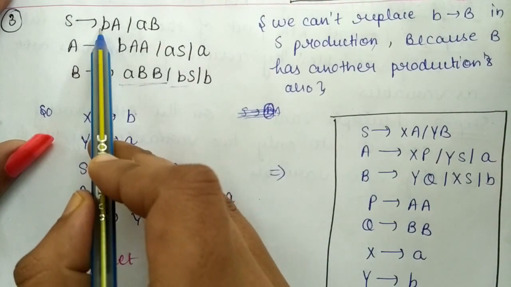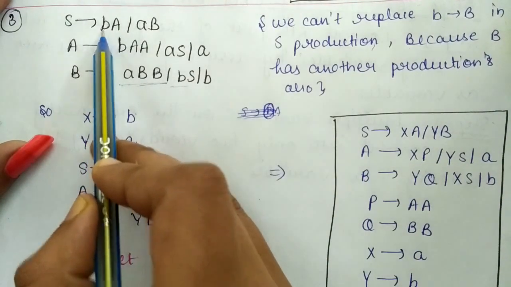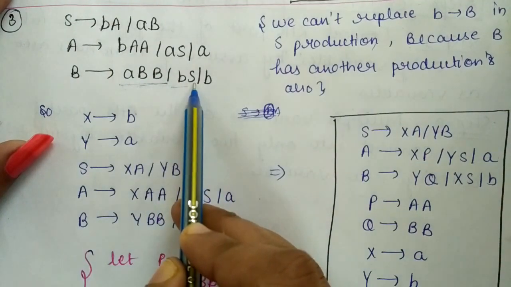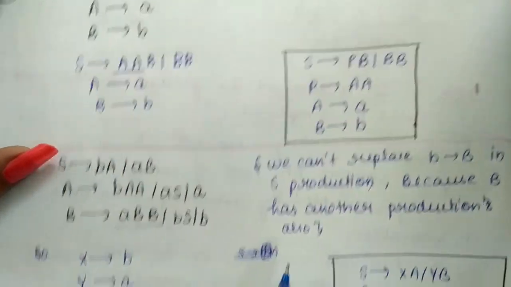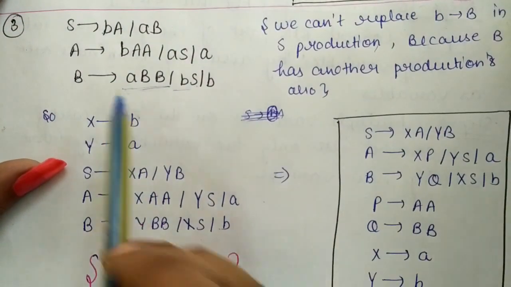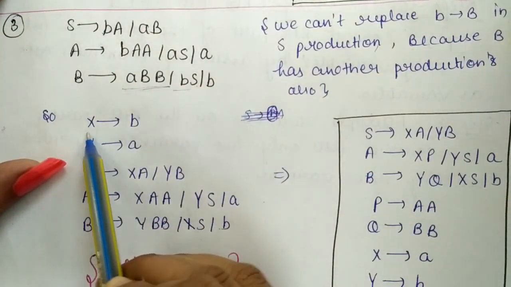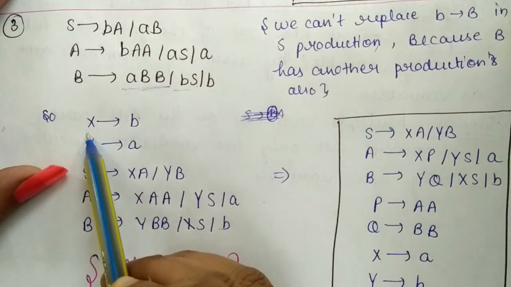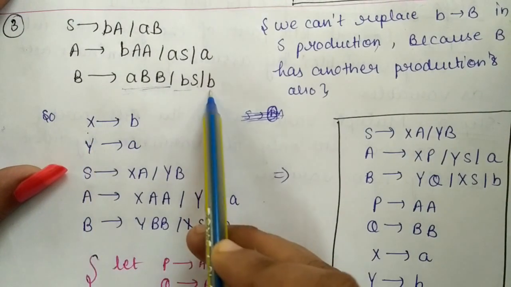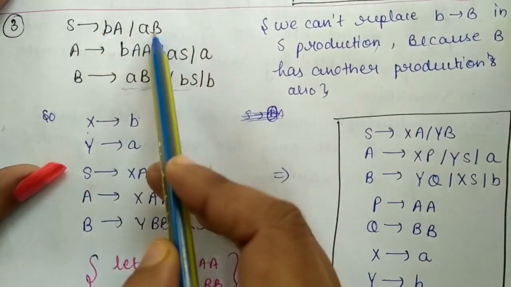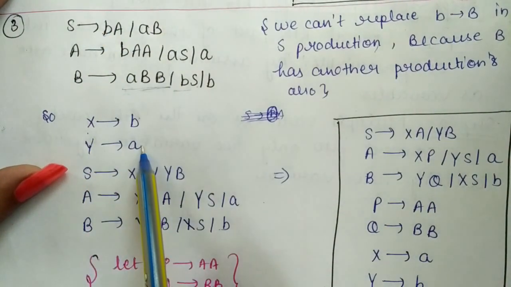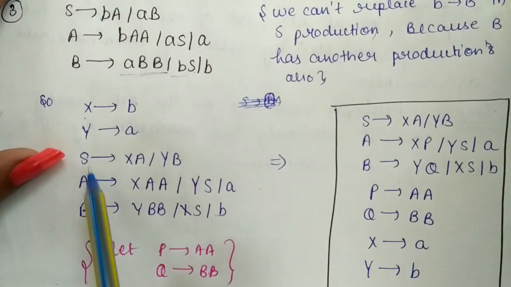You have to take a new variable for this b, because B has other productions too. In the previous example, B and A had only one production each. So you take another variable such as X, where X tends to b, this b we want to replace, and Y tends to a, we want to replace this a.